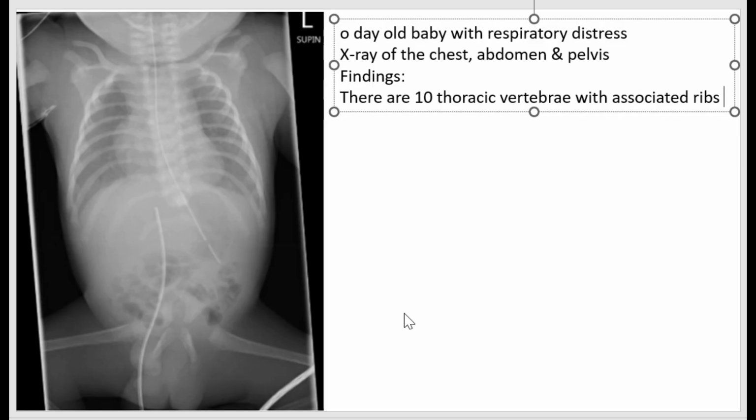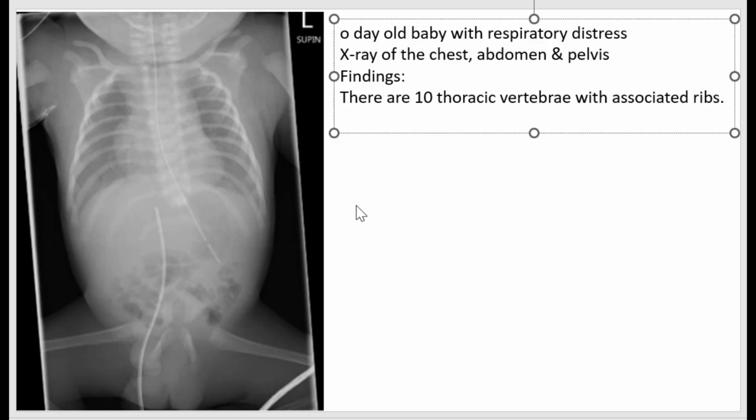Okay, so let's describe this here. There is a further rounded, dense vertebra lying slightly to the left of the midline inferiorly.